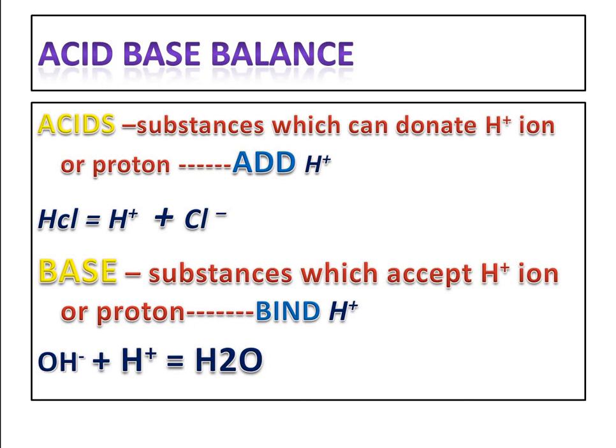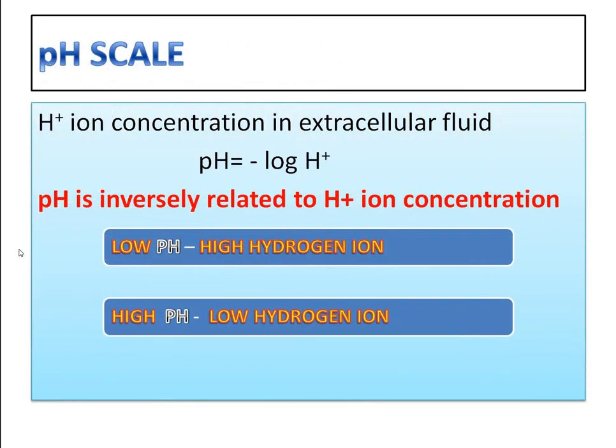Is it clear? Yes. Then what is meant by pH scale? What is the meaning of pH? pH means potential hydrogen ion concentration, or we can say hydrogen ion concentration in extracellular fluid is known as pH. pH is equal to minus log hydrogen ion. pH is inversely related to hydrogen ion concentration.